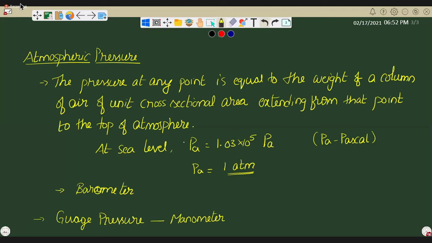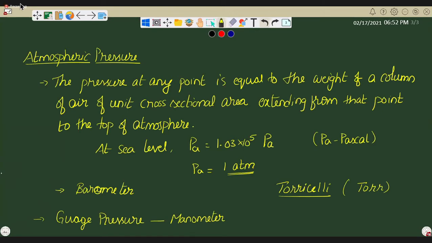This is how the initial mercury-based pressure measuring equipment was invented by the scientist Torricelli. To commemorate his invention, pressure is also measured in torr. Understood?